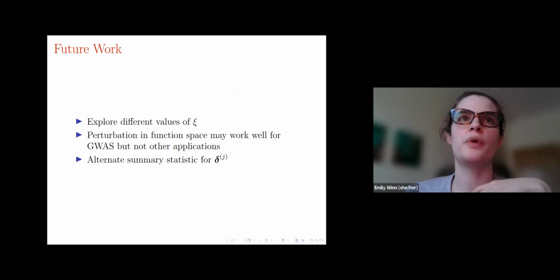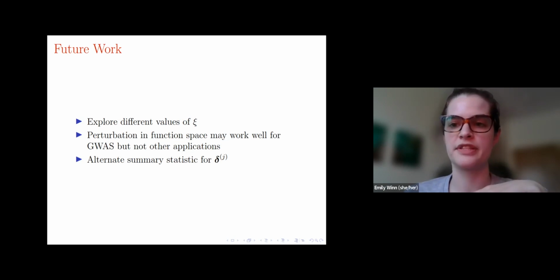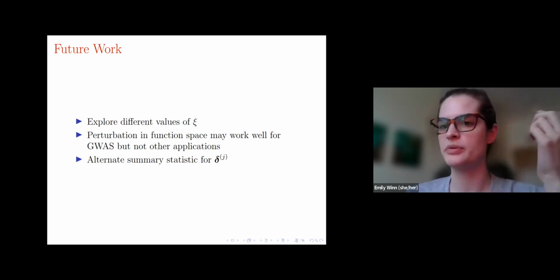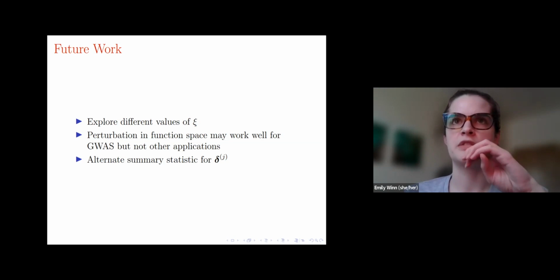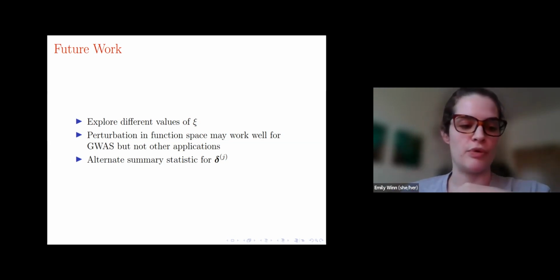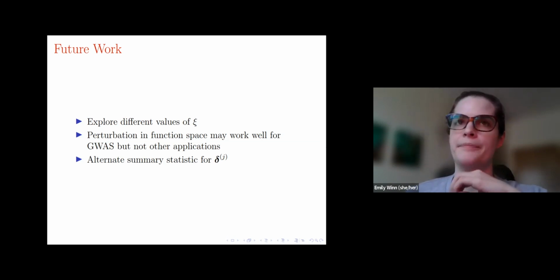So in future work, we want to explore different possible values of C. We just used the middle value here in our SNP space, but there could be other values that we want to use, based on discrete spaces versus continuous spaces, based on the actual numbers that people are finding in their data.